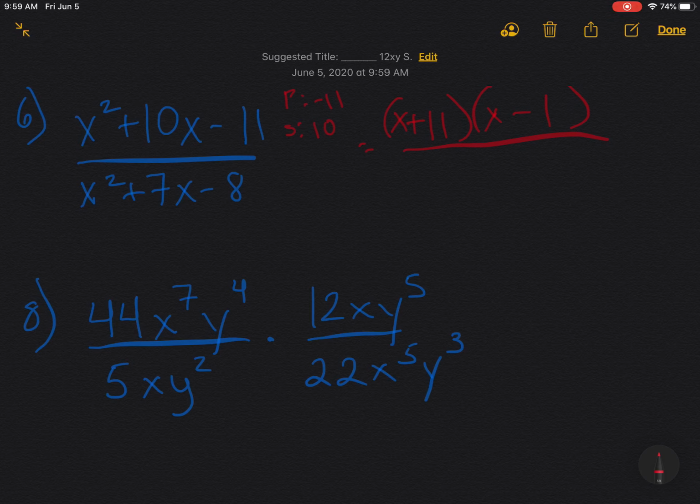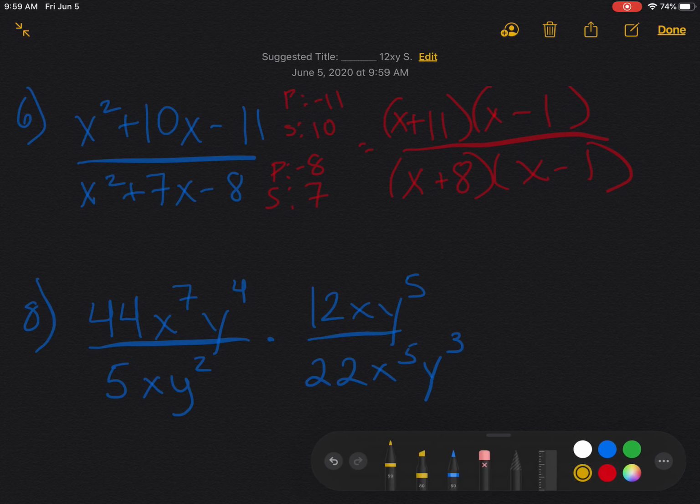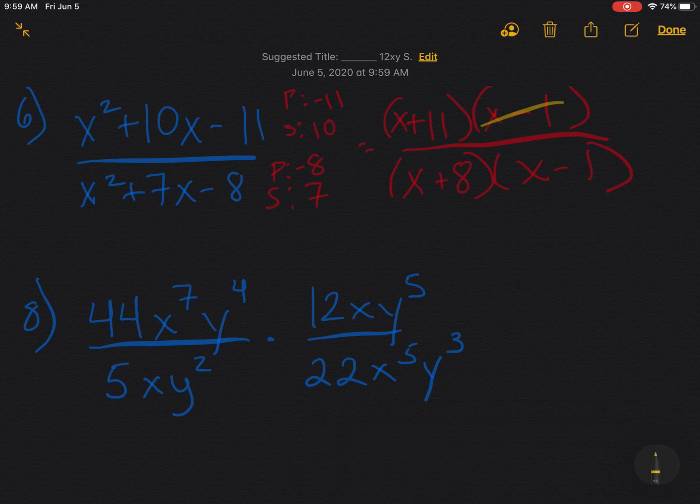Now the denominator. Product is negative 8, sum is 7. So what two numbers multiply to negative 8 and add to 7? That would be x plus 8, x minus 1. Okay? Now once you have factored, now is the easy part, which is crossing out what is the same in order to simplify, right here, these x minus 1s.